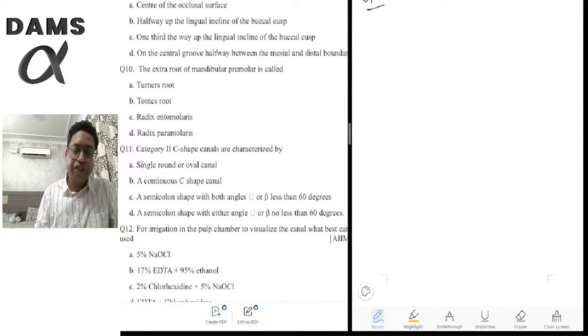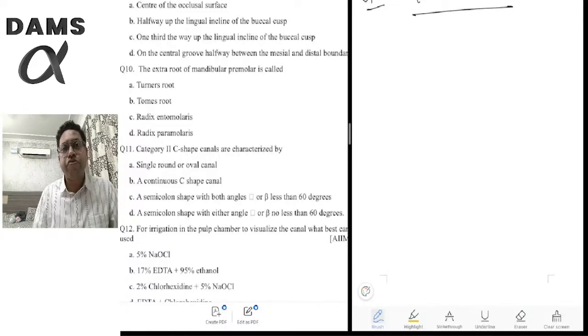A straightforward question. The answer would be Dome's root. The extra root of the mandibular premolar is called Dome's root. What is radix entomolaris? It is the extra distolingual root of the mandibular first molar. What is radix paramolaris? The extra mesiobuccal root of the mandibular first molar.